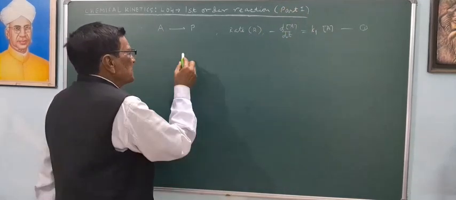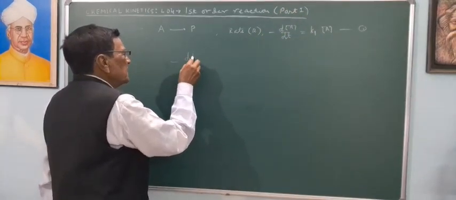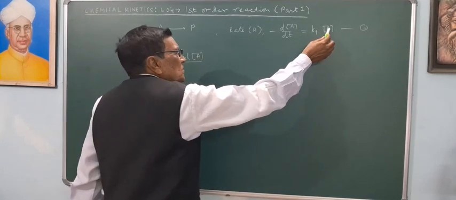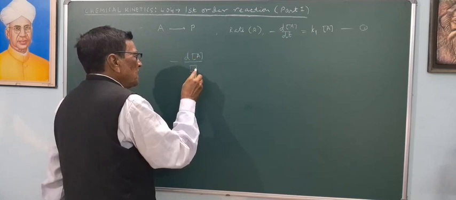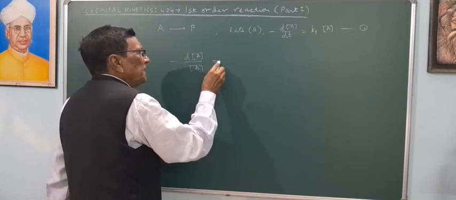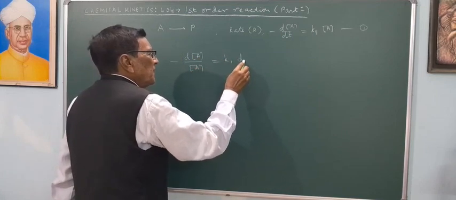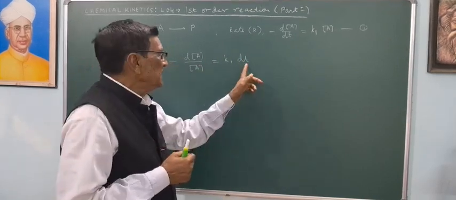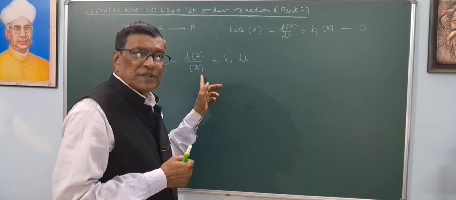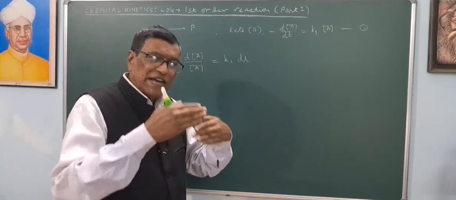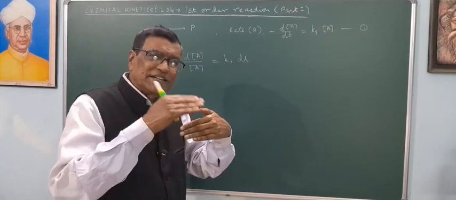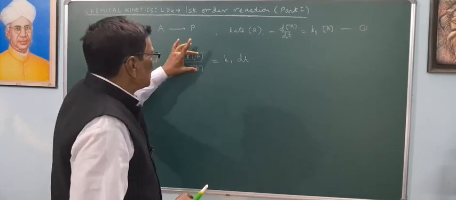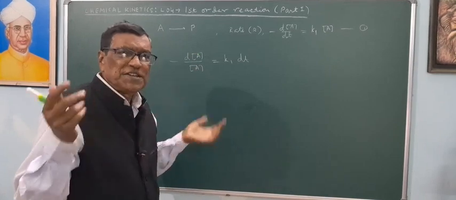Separating the variables, we can write minus d concentration A over concentration A equal to K1 dt. This equation contains two variables, t and concentration A. As t increases while the reaction proceeds, the concentration of A is also changing.